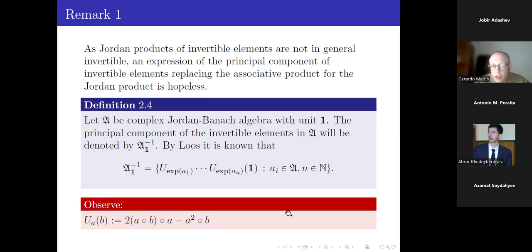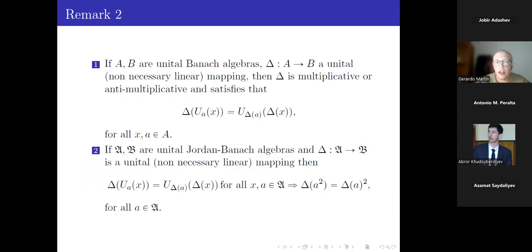And the second remark I want to make is related with the maps. When we consider unital Banach algebras in the associative case, and we consider a unital but not necessarily linear mapping delta, then delta is multiplicative or anti-multiplicative if and only if it satisfies this property related with the U operators.